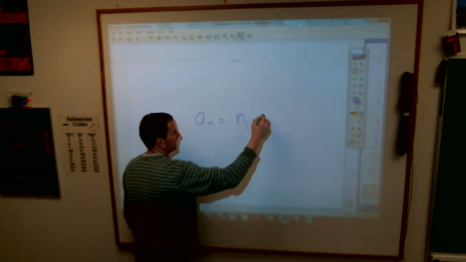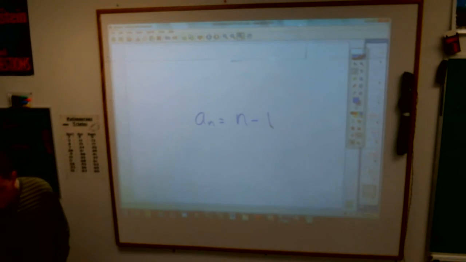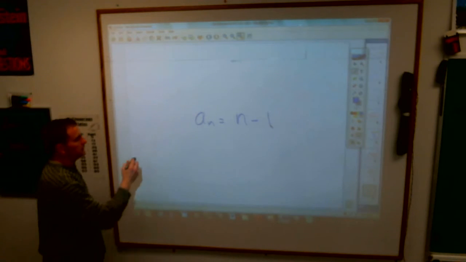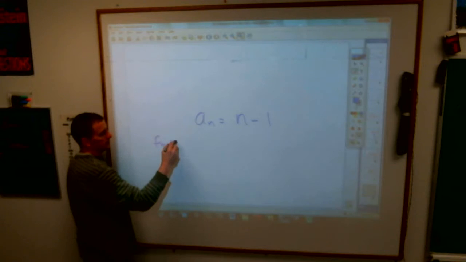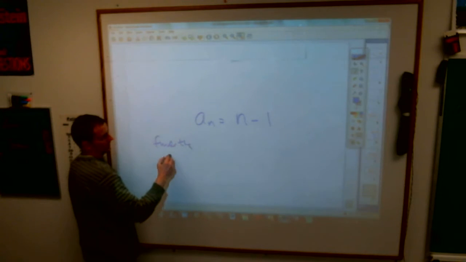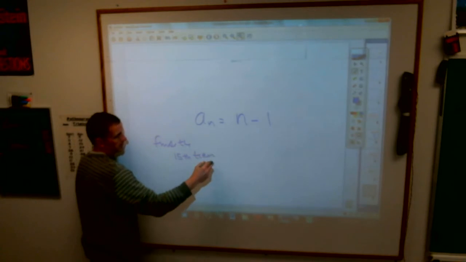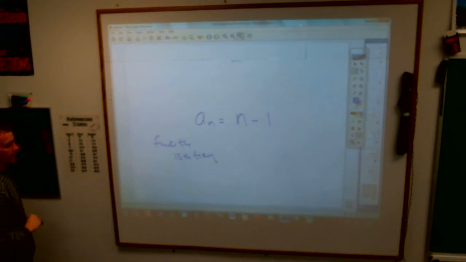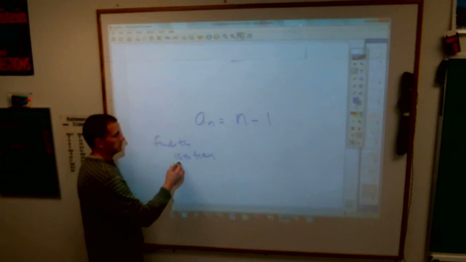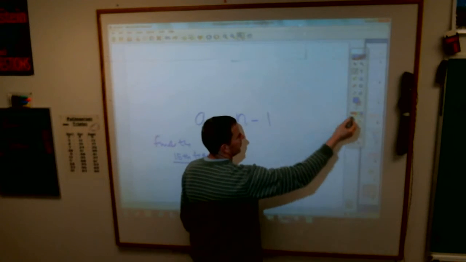So here, out of the book, this is one that they'll give you. They'll say, here's the formula: A sub n equals n minus 1. And they will say, find the 15th term. Here is your thought process.